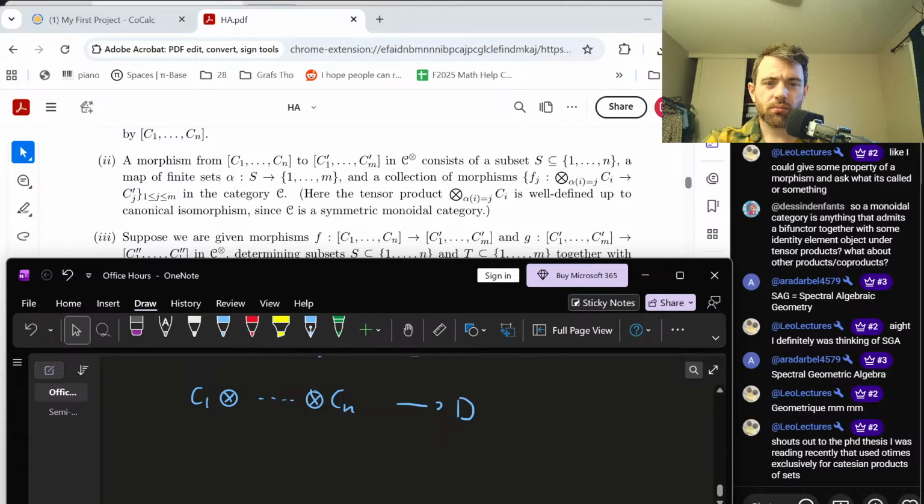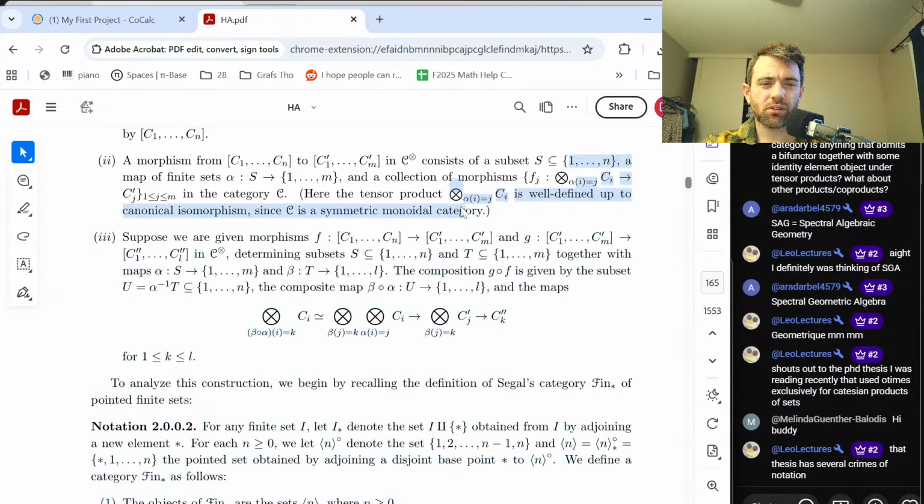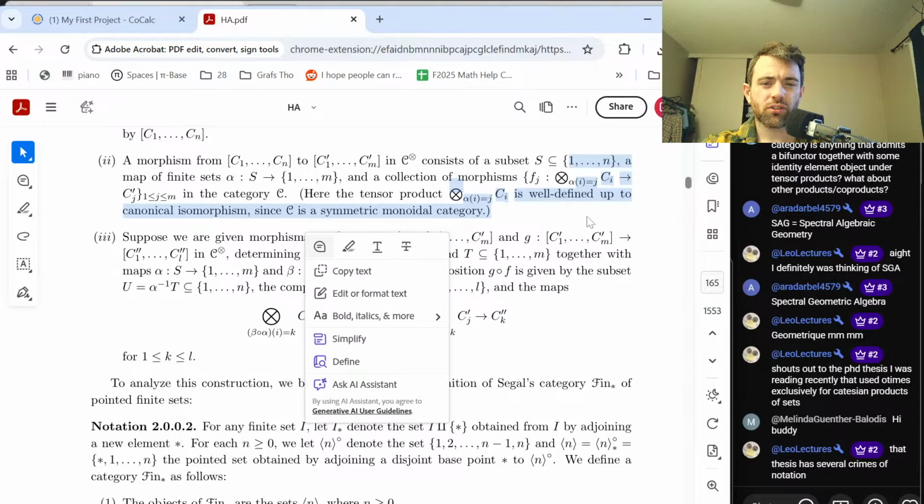A morphism consists of a map of finite sets, and a collection of morphisms in the category. Here, the tensor product is well defined up to canonical isomorphism, since C is symmetric monoidal.